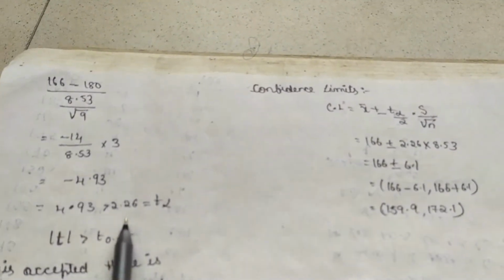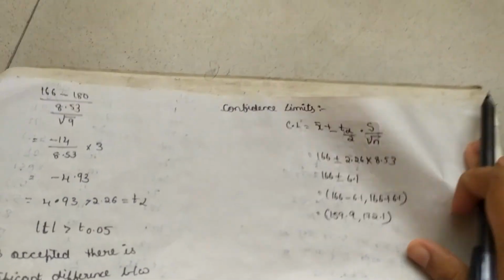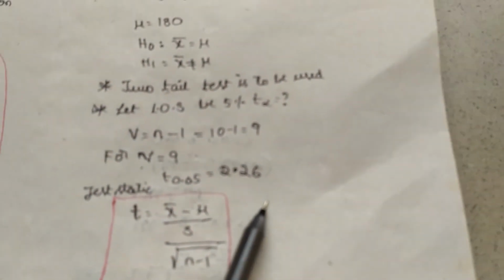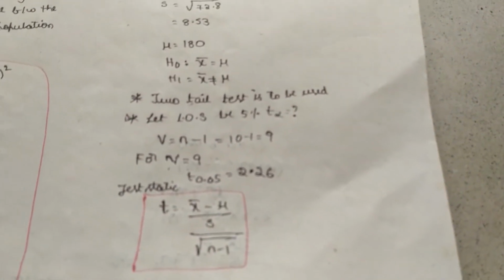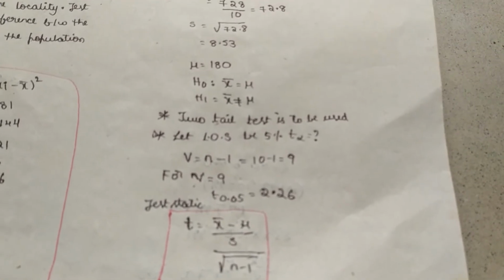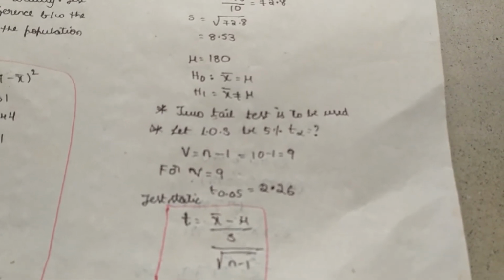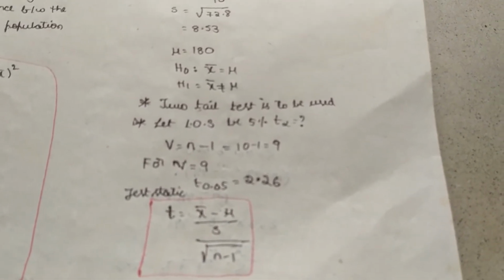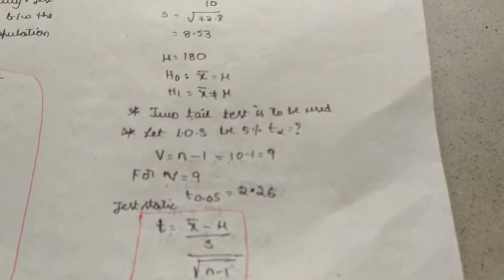You may have a doubt about why the T alpha value here is 2.26. The Z alpha value for 5% is 1.96, whereas the T alpha value is 2.26.